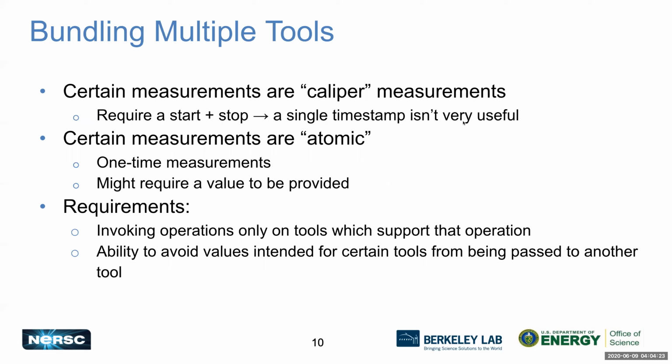Okay, so when we're bundling multiple tools, we're going to run into obviously some issues because some tools require different types of measurements. Certain tools have a start and a stop in order to provide really relevant data, and then other measurements are atomic. And so those atomic measurements require data being passed in.